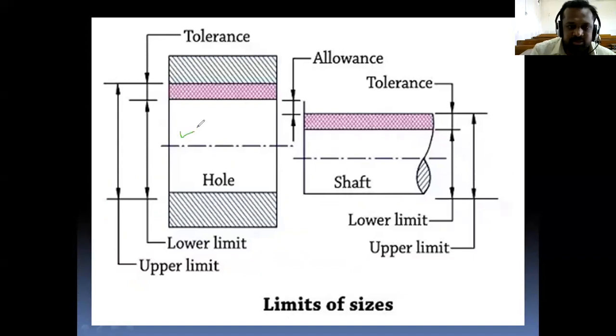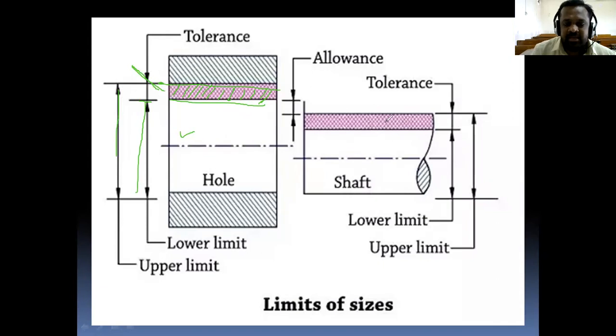So this is called the tolerance. See, this is the upper limit for this hole, and this is the lower limit for this hole. Whatever difference is between them is called the tolerance. And this is called the tolerance zone.